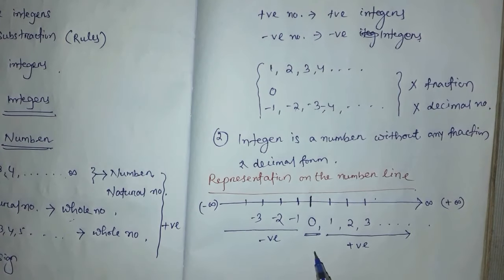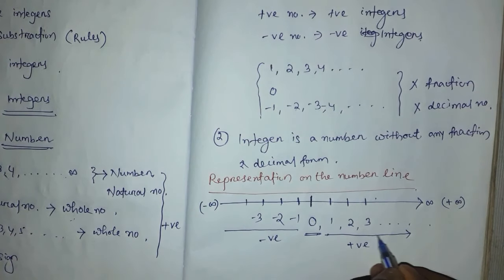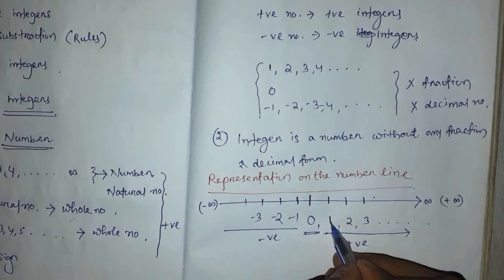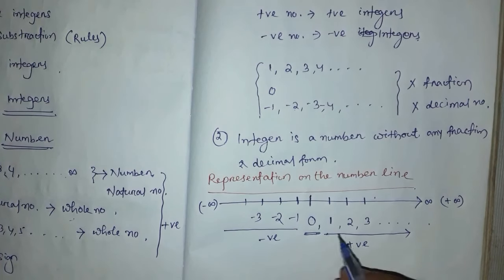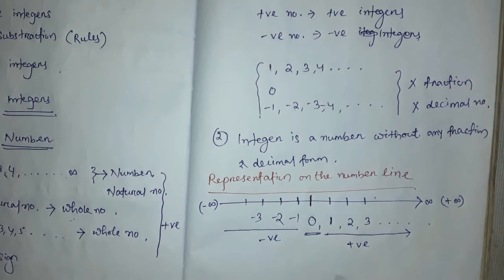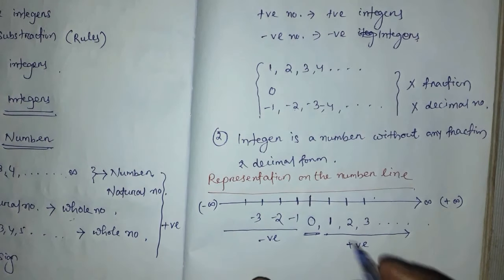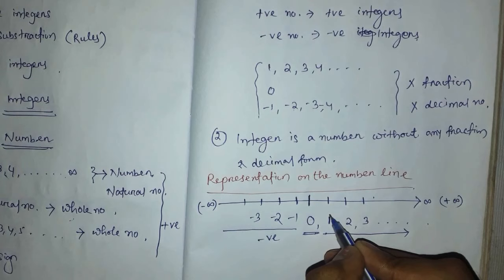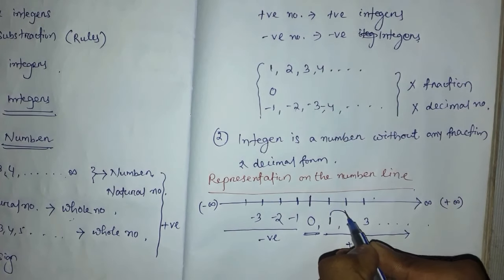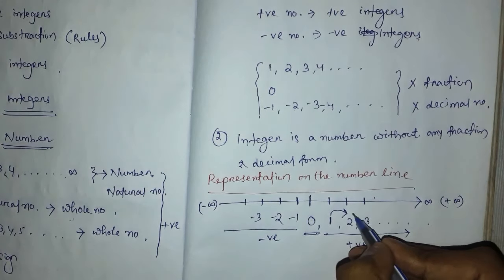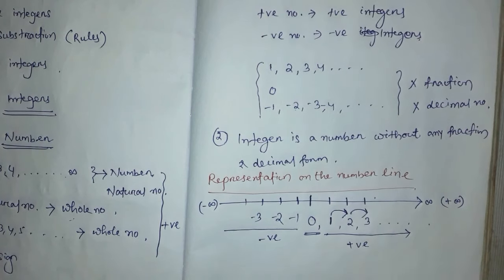We have to know that all these numbers are on the positive side. Look at this. What is the first number on the positive side of 0? On the right side of 0, the first one is 1. The second one is 2. The third one is 3. That means 2 is 1 greater than 1. 3 is greater than 2.